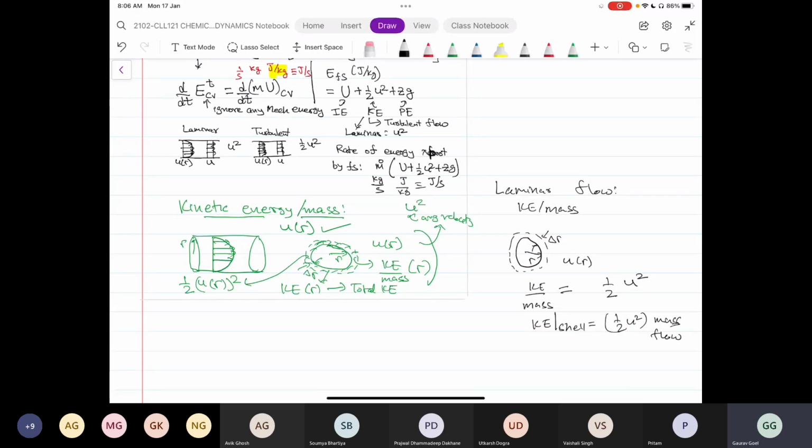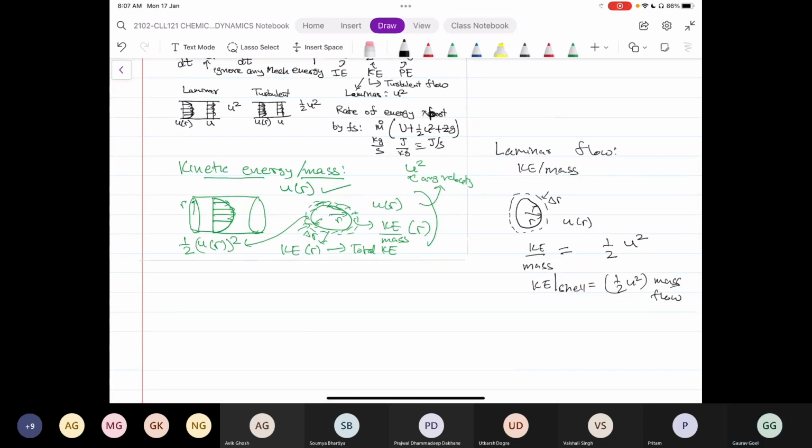So overall, what you need to find out is for the entire cylinder, right? Like the way it is shown here, on the left. In this cylinder, what is the total kinetic energy? So you want for the cross section the kinetic energy per unit mass.